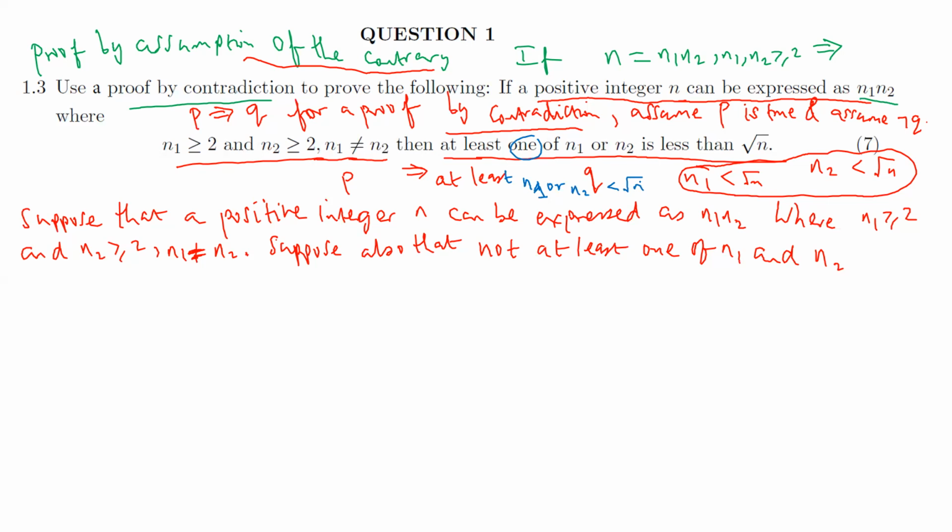It's obviously redundant, because if you're saying you are interested in A or B, that's exclusive. So it's either A or B. So it's actually the same as saying you can just cut out the word one and say at least N1 or N2 is less than N.